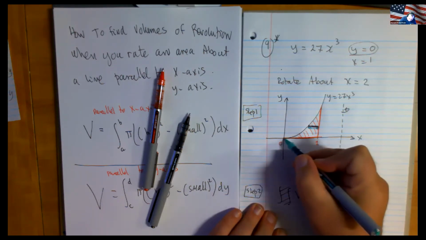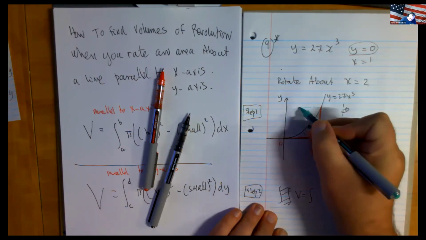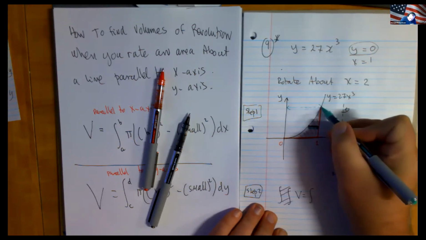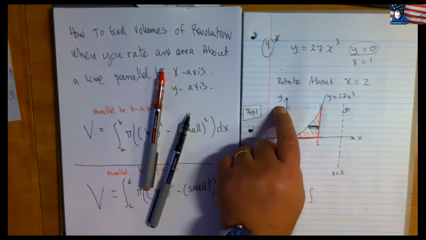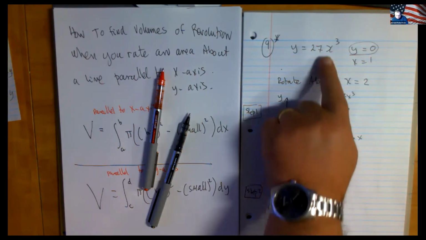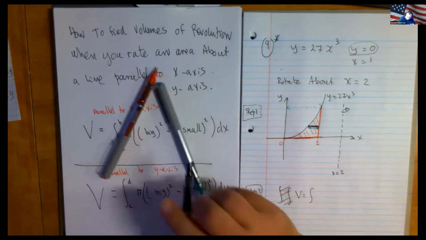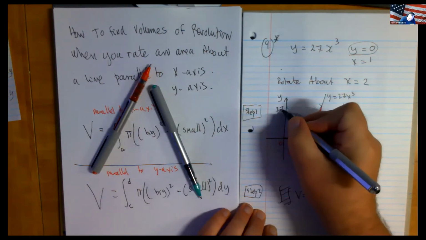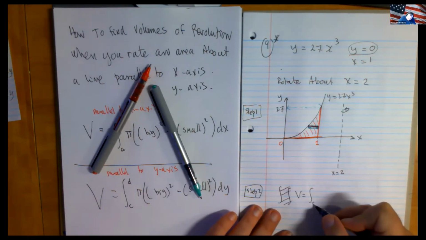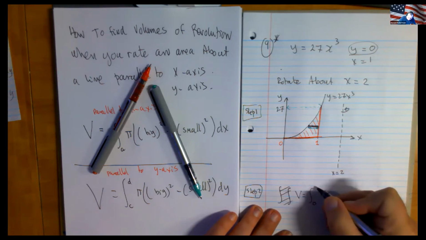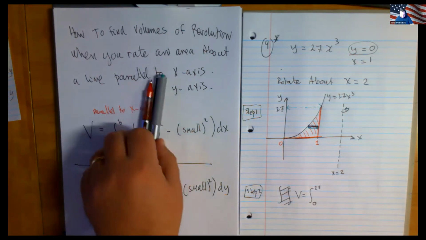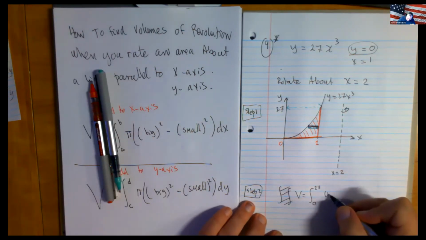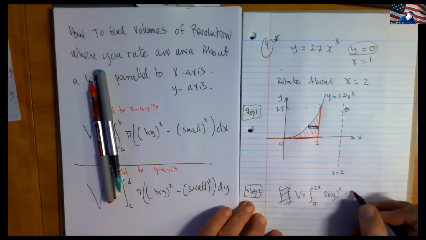Well, they start at 0, but don't I need to know that y value? So what number is that? Well, if you plug in 1, you get 27. So the y values are going to go from 0 to 27. We're going to do big, take away small.